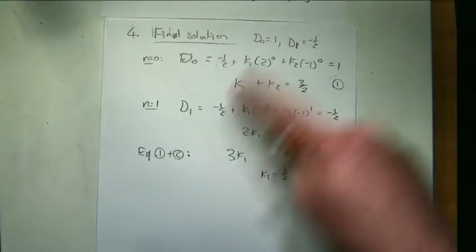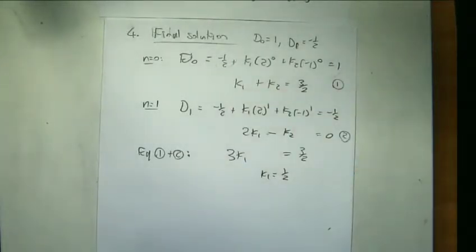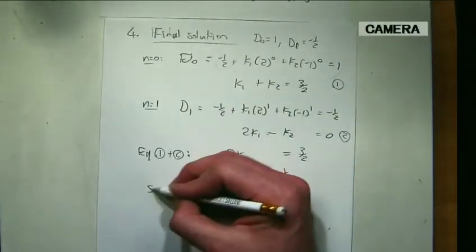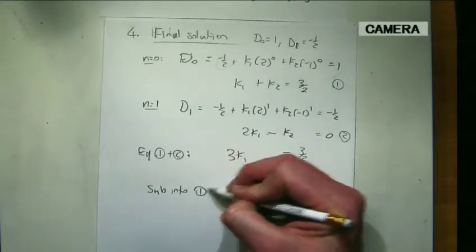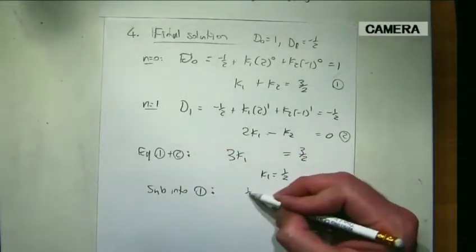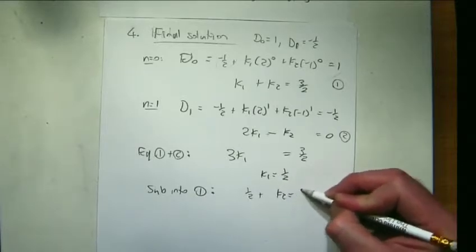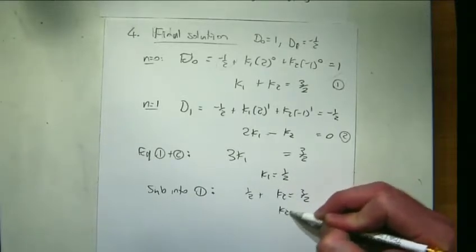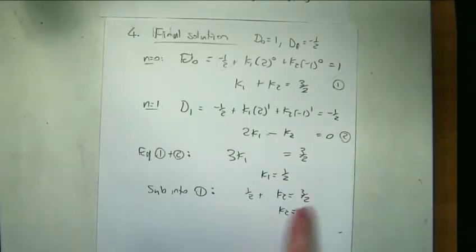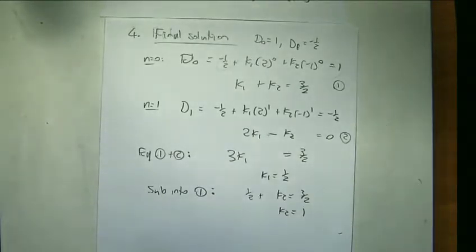And then finally I can sub that back into any one of these to figure out what the other one is. So I'll sub into number 1, and I'll get a half plus K2 equals 3 on 2, so K2 must be 1, subtracting a half from both sides.